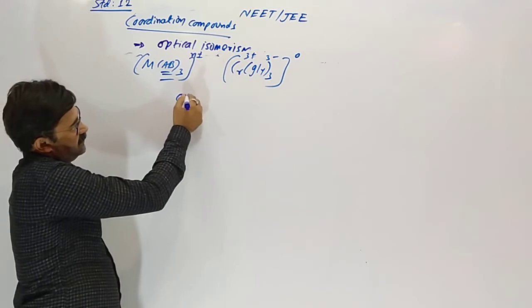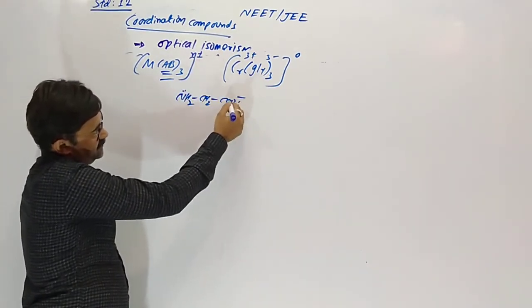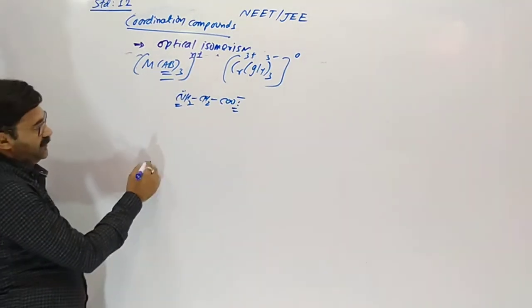AB means didentate but unsymmetric. Glycine means NH2, CH2 and COO minus. So one chromium.